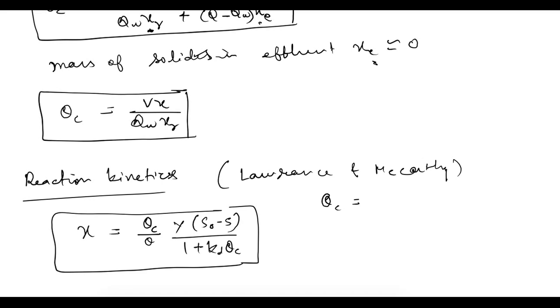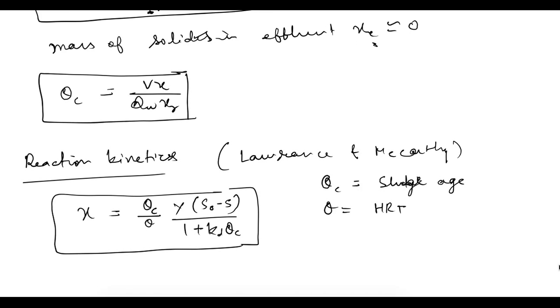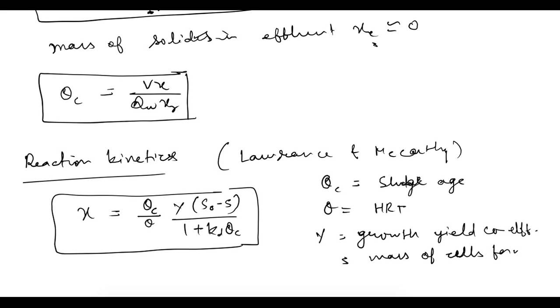Theta C is your sludge age, and theta is your hydraulic retention time, that is HRT. Y here is the growth yield coefficient, which is also defined as mass of cells formed divided by mass of organic matter consumed.